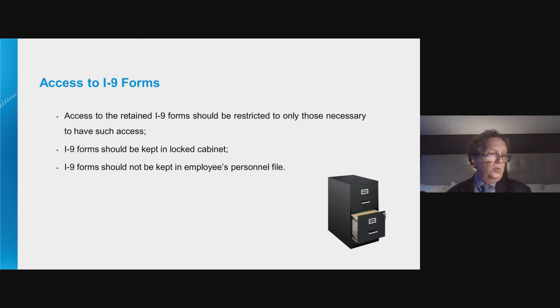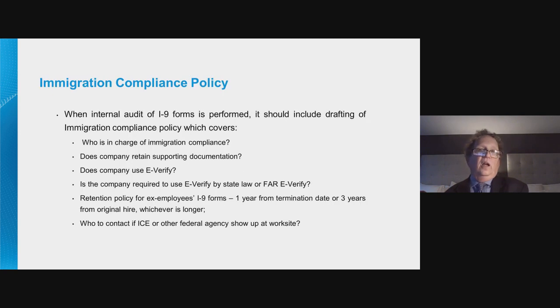And it should not be kept in their personnel file. It's not against the law to keep it in their personnel file, but it is a best practice, in my opinion, and I think all immigration attorneys', to not keep the I-9 in the personnel file. There's good reasons for it, but it takes longer than today to explain that.